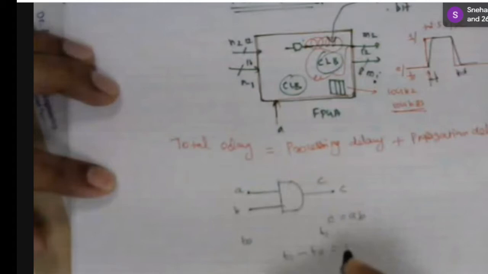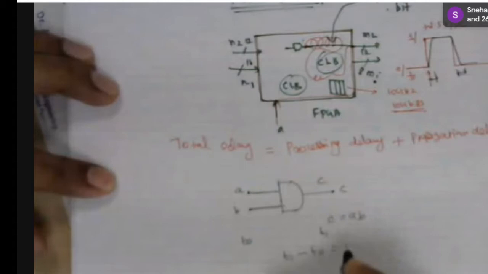As we increase the complexity of our design, or the resources required, the processing delay also increases linearly. An AND gate requires some time, an OR gate may require some other time, a NOT gate requires lesser time, a flip-flop requires more time, but all put together, based on the number of resources you are using, the processing delay will be decided.